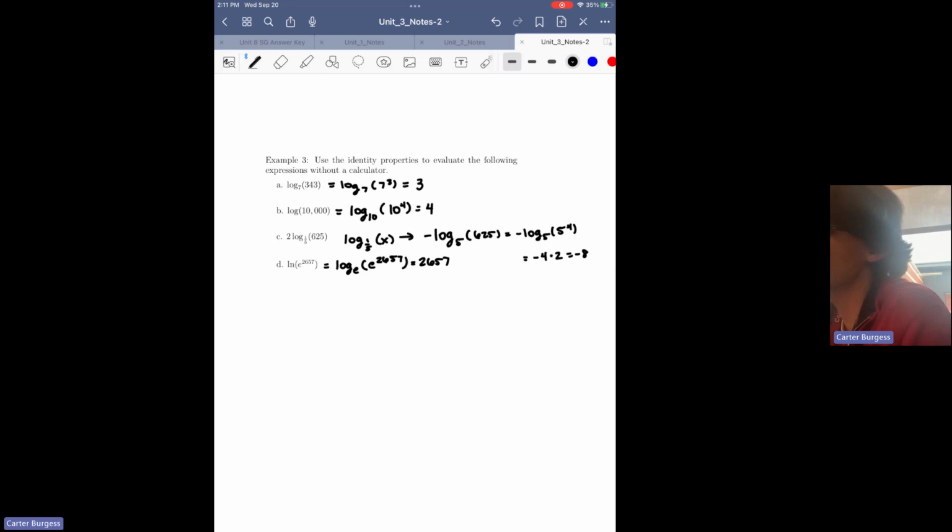The way that you would do C directly is probably by pulling up the table or something like that, and writing this as the log base 1/5 of 1/5 to the -4. That is certainly correct. I just think coming up with the fact that 625 is equal to 1/5 to the -4 is harder than coming up with the fact that 5 to the 4th is 625.